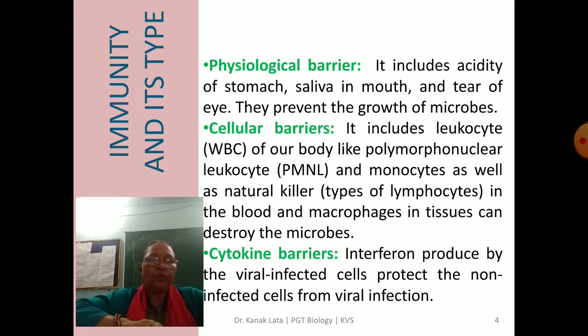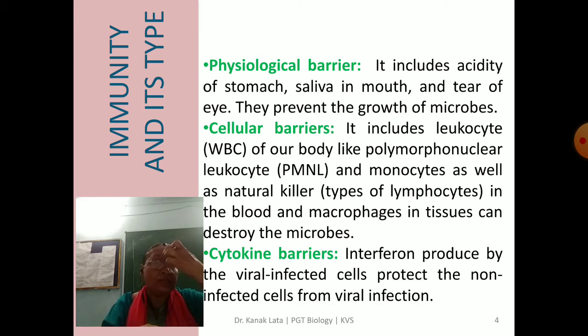For example, polymorphonuclear leukocytes, that is PMNL, and monocytes, as well as natural killer cells, which are types of lymphocytes in the blood, and macrophages in the tissue. All these cells can phagocytose and destroy the microbes. Phagocytose means they kill the microbes.